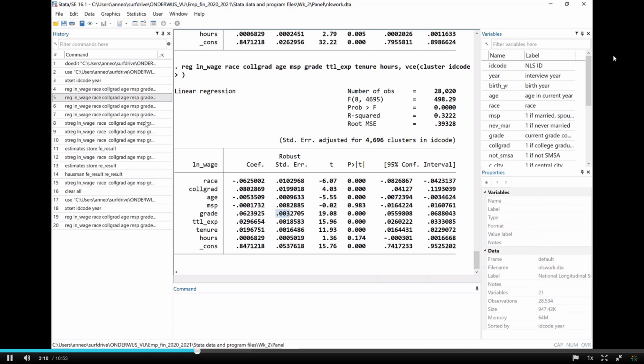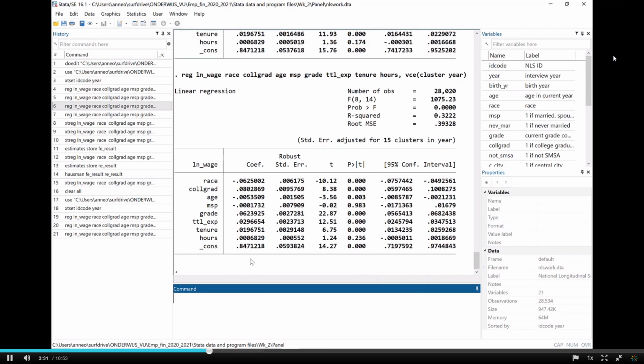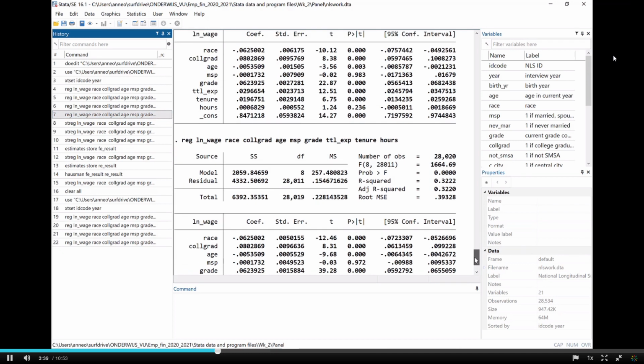Now, a next thing which you could also do is cluster on time. So then I type vce and then between parentheses cluster, now on year. Let's rerun the first regression without any clustering again, just for comparison. So now you see there is some effect, but not that much.